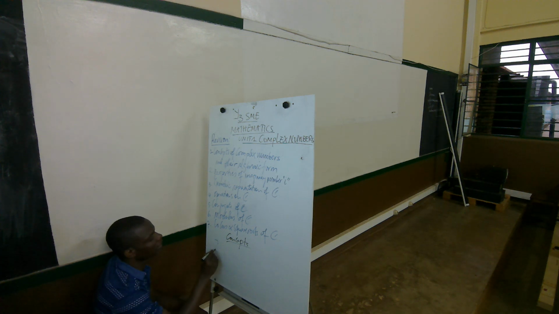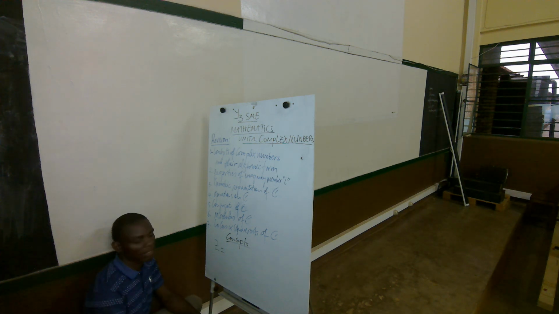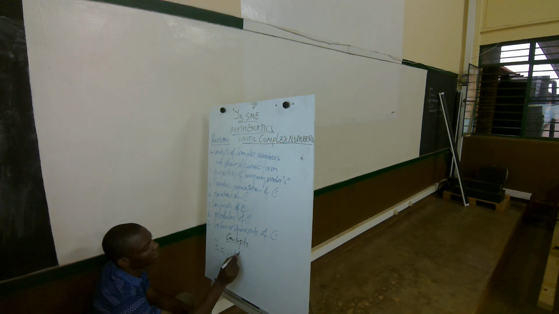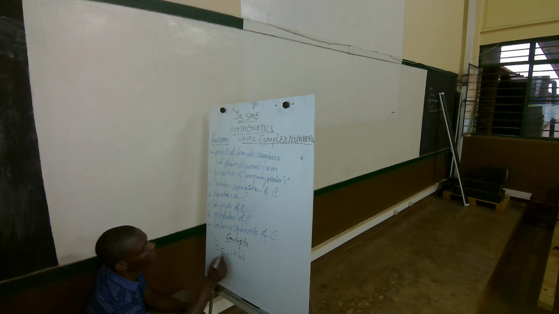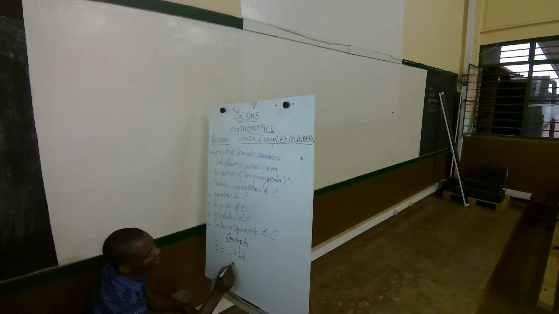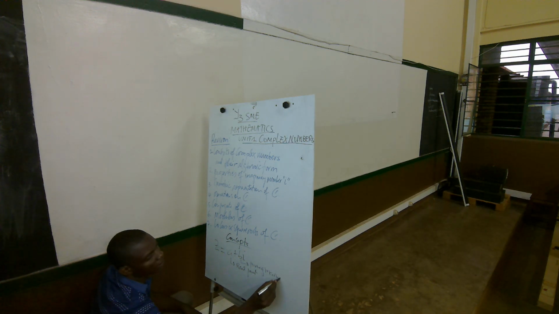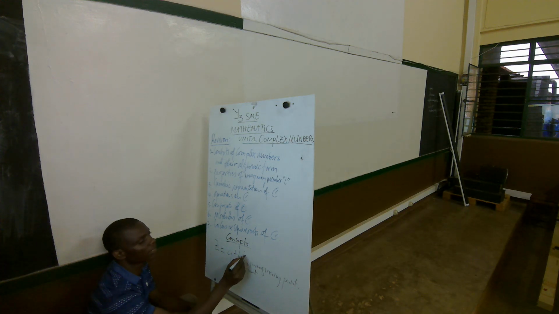We can say that our complex number z is equal to a plus bi, where a is the real part and b is the imaginary part.